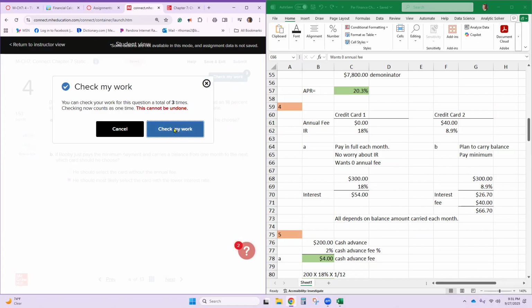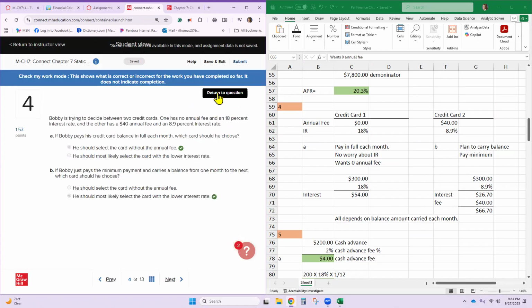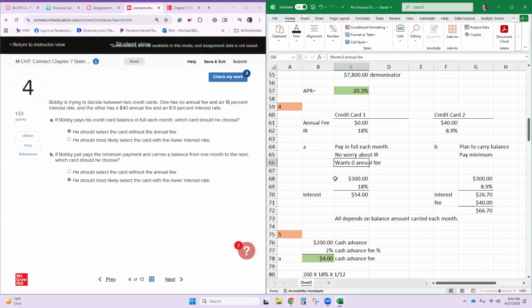Now I'm going to show you a couple things here before we move on. All right, so let's say that he carries a $1,000 balance. Let's say he buys groceries. He uses his credit card for all of his expenses, and he carries about a $1,000 balance. If he does, then he's going to end up paying $180 a year.